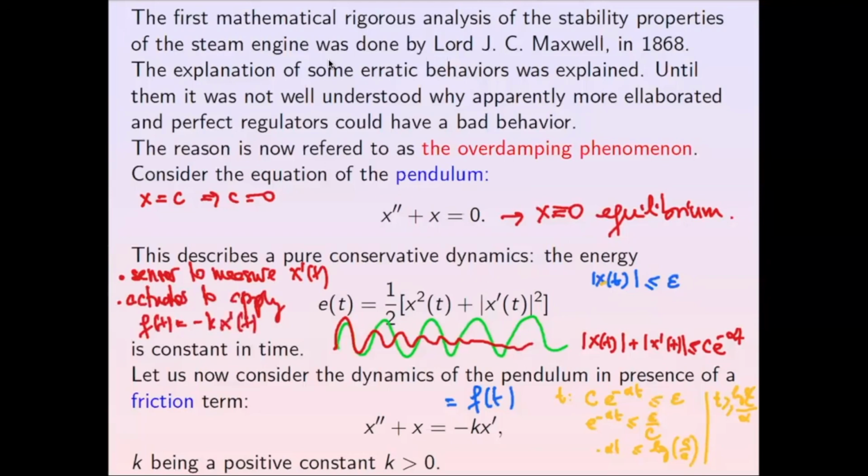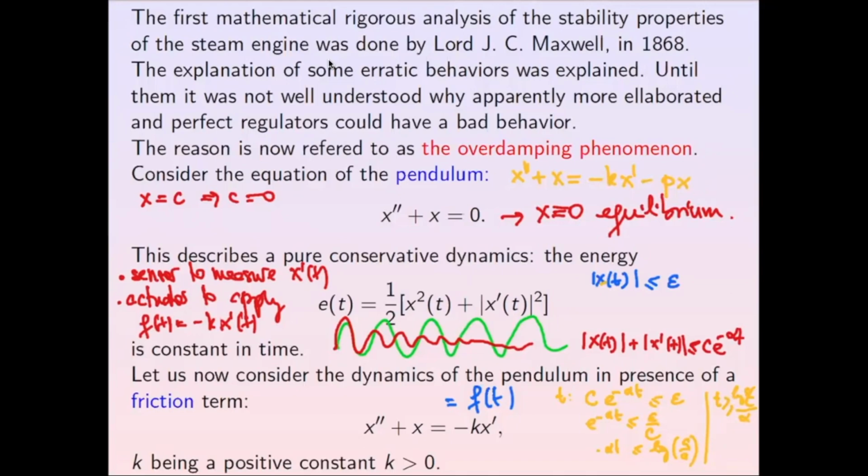And what I'm saying in the exercise is that if, rather than applying this feedback mechanism, K x prime, you apply a more sophisticated mechanism, which is K x prime minus P x, if you do it combining position and velocity, then you will get an arbitrarily fast decay rate. So your cooling device will be more efficient if you are able to combine both, right, the K and the P.